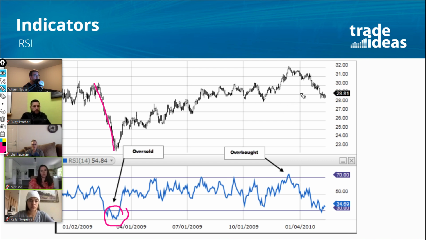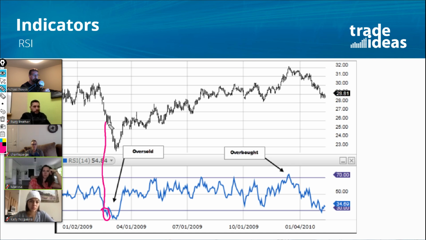And then it also said right here that this is overbought. So it's moved too far, too fast, based off of what it normally does, and it's going to sell off. So that looks great, right? You buy when it's down here, and then you sell when it's up here, and you get rich and go home. The issue is, if you fine tune this, it also said you were oversold right here, right?